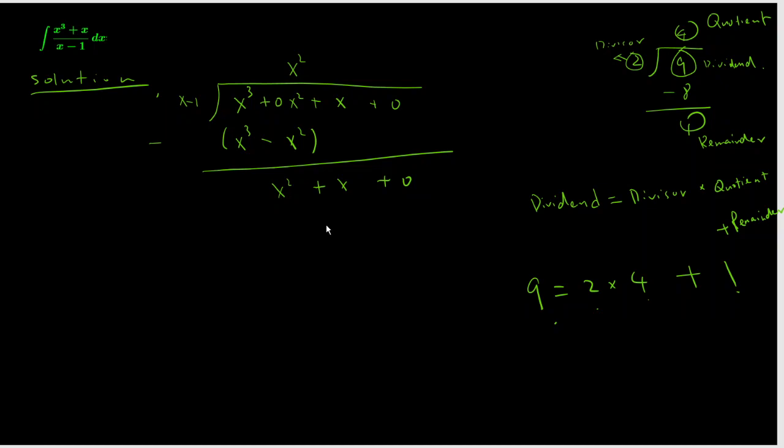Yeah, you have x, right? You need x in here. It's very much like number division actually. And then you multiply x and x minus 1, so you have x squared minus x, right? And then you subtract from this part.